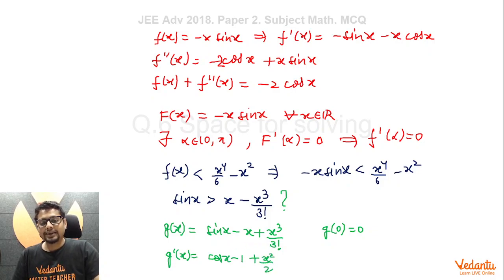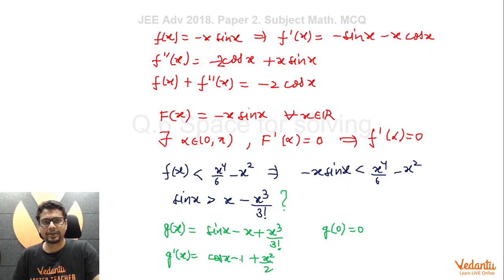Now cos of x minus 1 would be negative, or rather non-positive for all x. However, x square by 2 will be non-negative. So here we can't say for sure whether g prime x would be always positive or not, or for that matter always non-positive or not, or always non-negative or not.